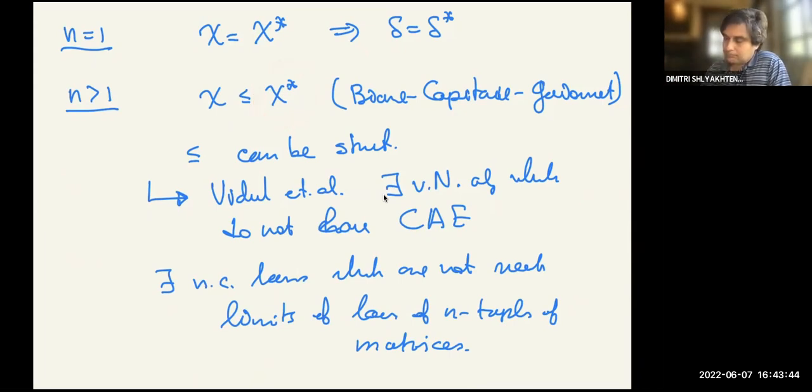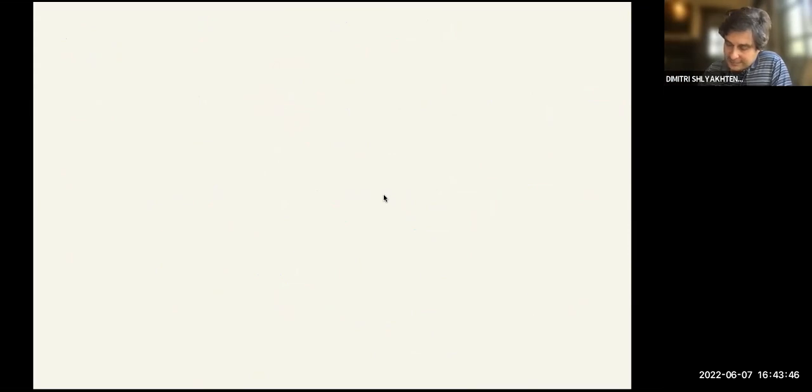All right. So what are some facts about delta star? Delta is very well behaved. It is an algebraic invariant.